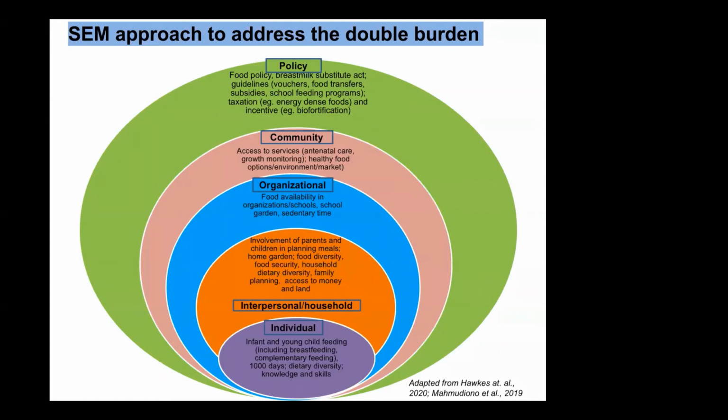At the organizational level, for example, food should be available at the organization. So if we look at the school level, schools should provide healthy meals. And if we look at our working environment, we should be able to buy healthy food there. And the school garden, for example: there are so many countries that have already piloted and are implementing school garden activities, where children and parents also participate in the production of vegetables at the school, and they use those products for the school meal.